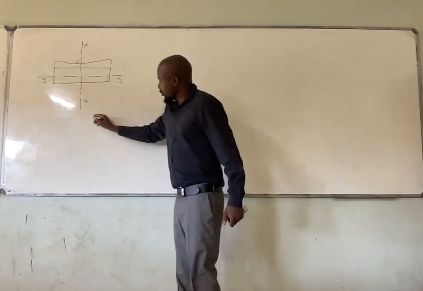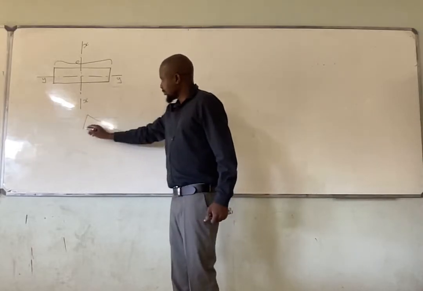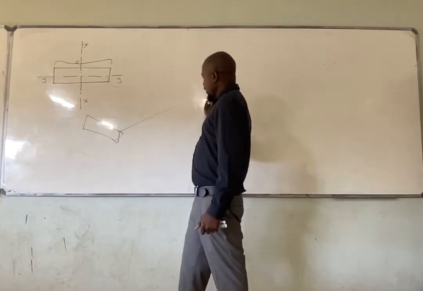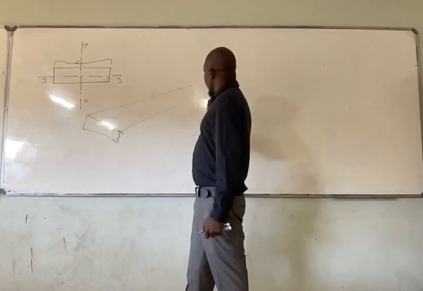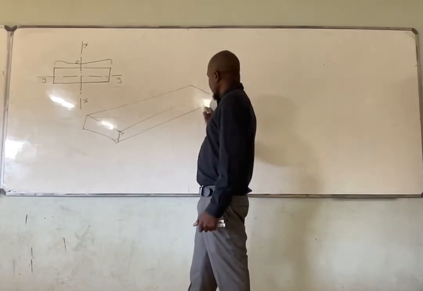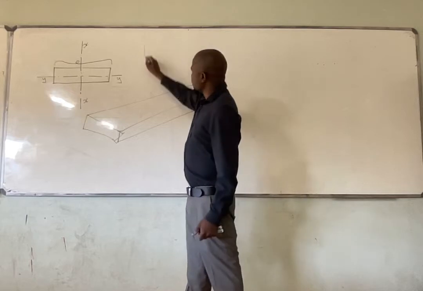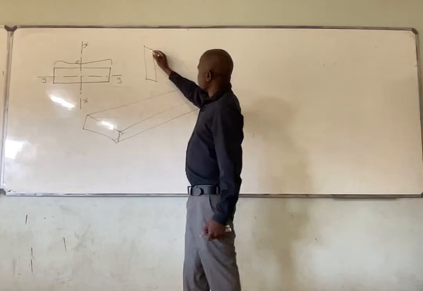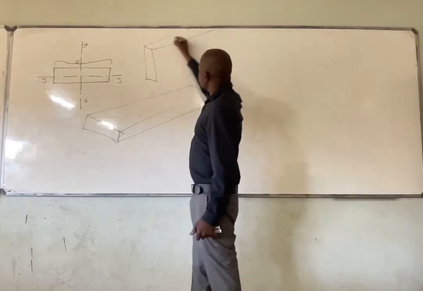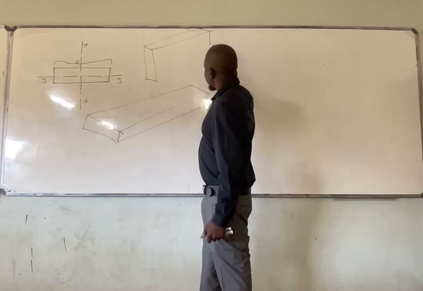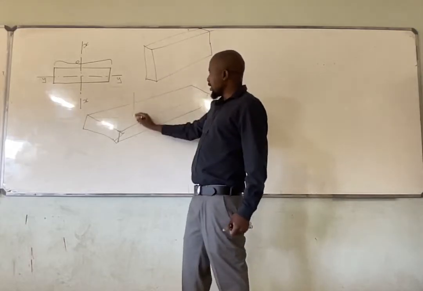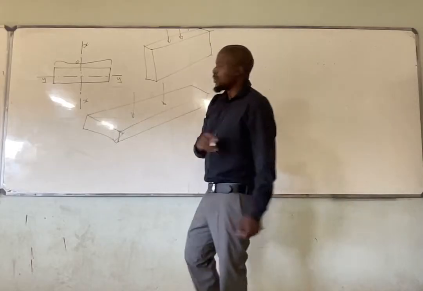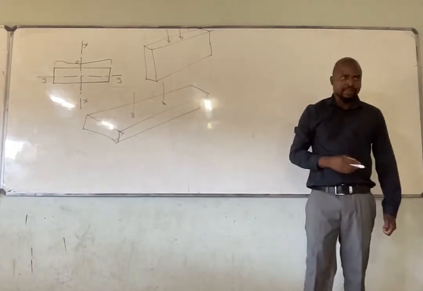For instance, if we are having a beam in this manner, and another beam, the same beam, we put it in this manner, that long. If we apply load here, and we apply load here, which one will be easy to bend?